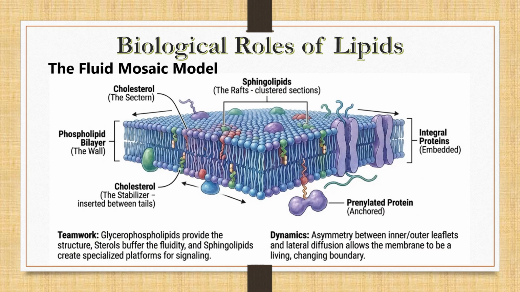Biologically, this lipid-based membrane structure maintains cellular integrity, controls selective permeability, and provides a platform for membrane proteins involved in transport, signaling, and enzymatic activity. Thus, lipids are not passive components of membranes, but active determinants of membrane structure and function.